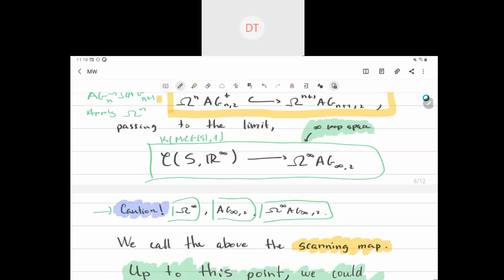So loops infinity, do not think of that as a functor. In order to make them make sense, you need to leave the category of spaces. But if you don't want to leave the category of spaces, just think about them together.